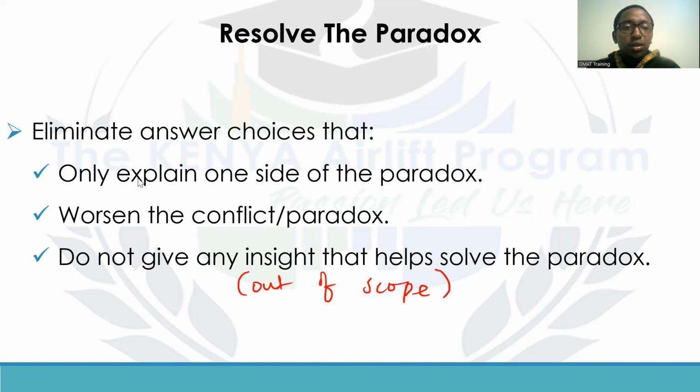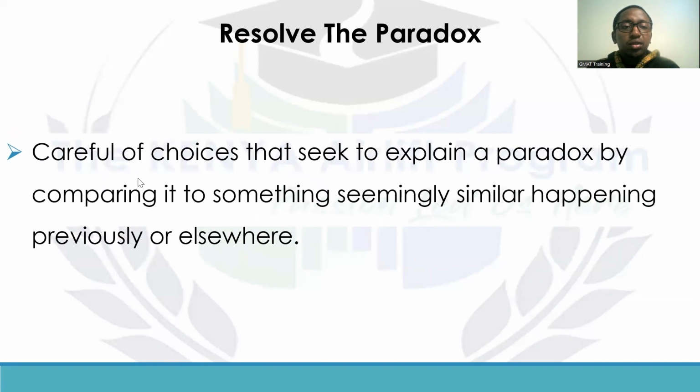So when solving these questions, be careful of choices that seek to explain a paradox by comparing it to something seemingly similar happening previously or elsewhere. So in the example that we are using, you may find an answer choice that says, in the previous years, when supply increased, price also increased.